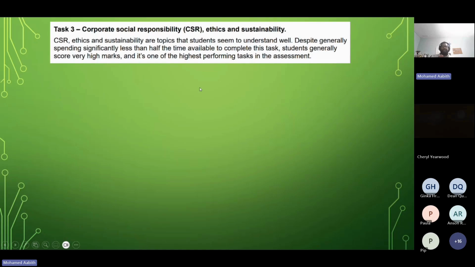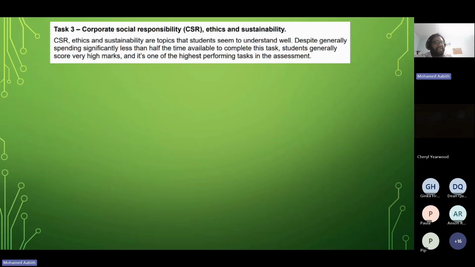Okay, now the CSR, task 3. This is also a theoretical part. Here on the CSR, we're going to talk about ethics and also sustainability. CSR, ethics and sustainability are topics that the students seem to understand well.